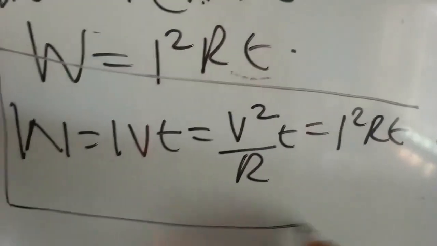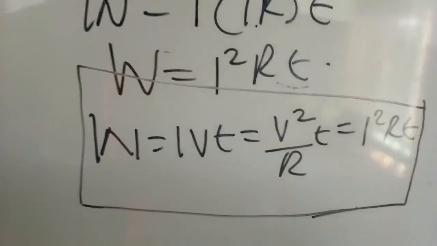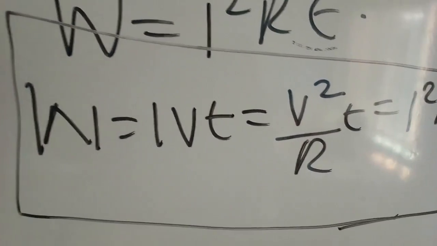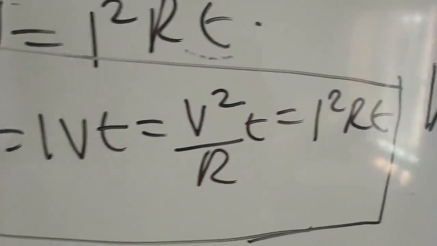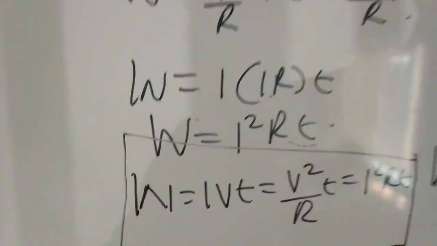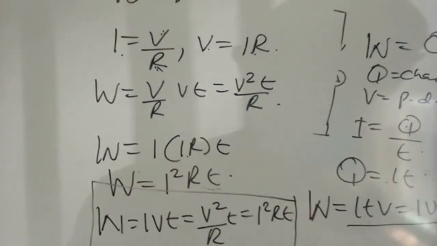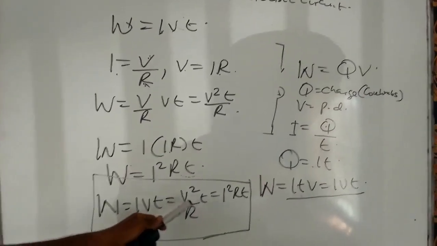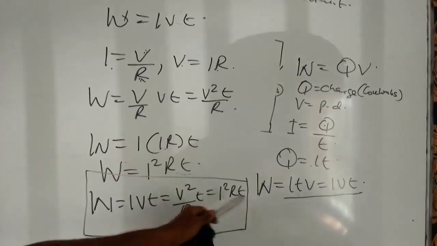The work done in an electric circuit is the heat generated or dissipated in a circuit, because work and energy are synonymous. They have the same unit, joule. So to find the heat energy dissipated, you apply the same formulas: IVT, V squared T over R, or I squared RT.